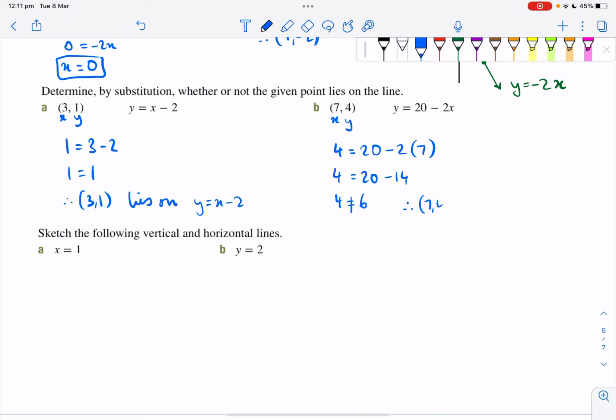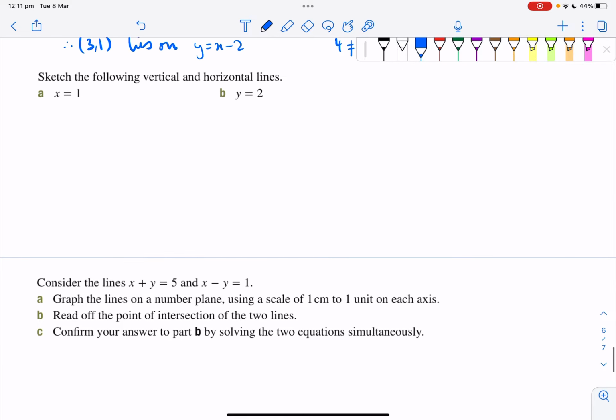Therefore, (7, 4) does not lie on y equals 20 take away 2x. So that's the difference here. That's all we're looking for. Okay, so hopefully that's nice and easy and clear to everyone. Let's move on to the next section.